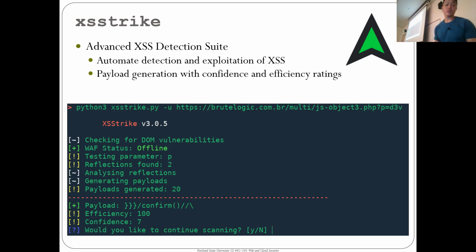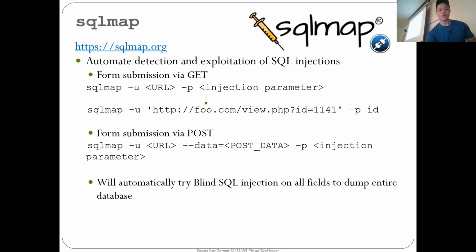Okay, XSS Strike is something similar to SQL Map. In SQL Map, you point it to a URL, and then you either give it the injection parameter if it's in a GET parameter, or you give it the POST data, where to inject into the POST data.